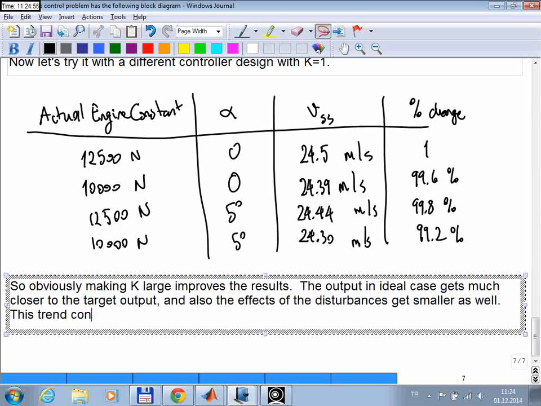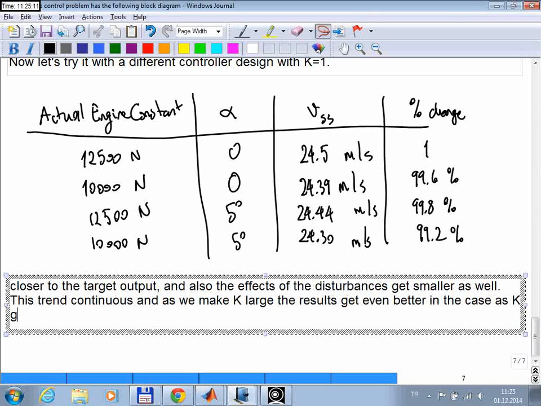This trend continues, and as we make k larger, the results get even better, as k approaches infinity, the output becomes equal to 25 for all cases.